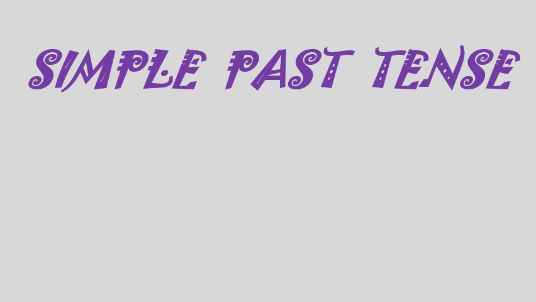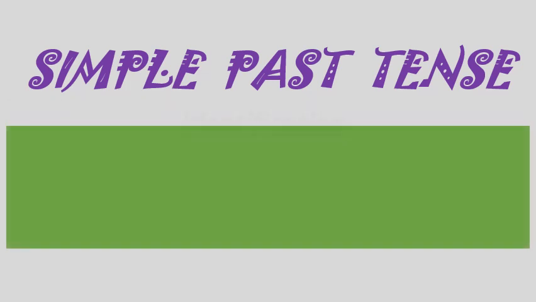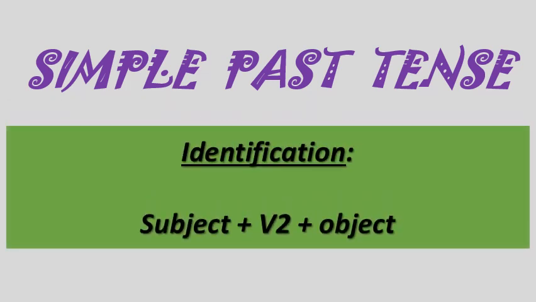It is used to indicate a finished or completed action or task that happened or occurred at a specific point in time in the past. The structure or identification of simple past tense is subject plus second form of the verb plus object.